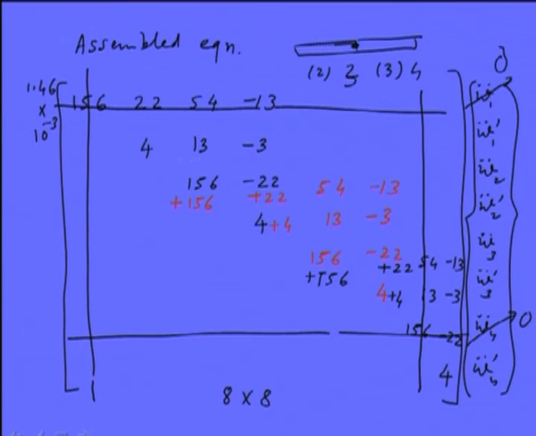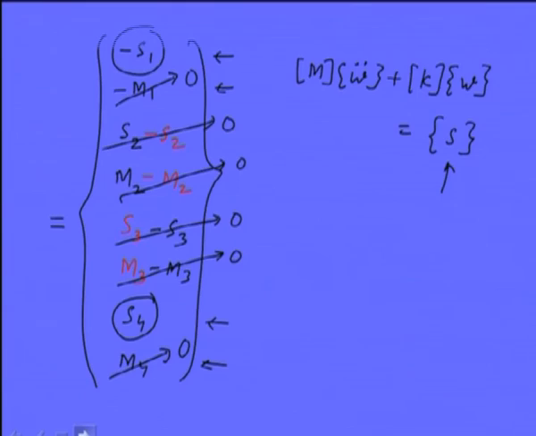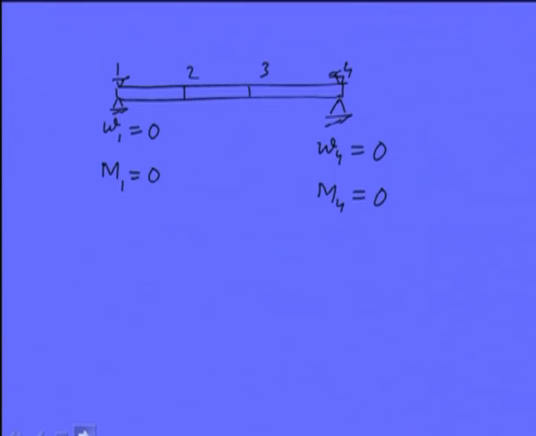Whatever remaining terms are there, we will write separately. That is nothing but the system equation after the application of the boundary conditions. That will have a reduced form, and it will take this form.